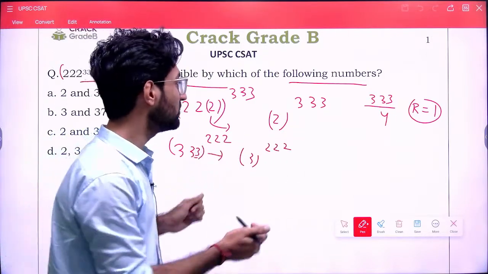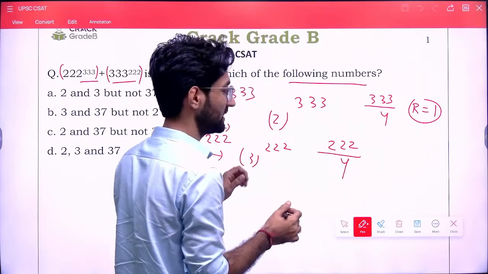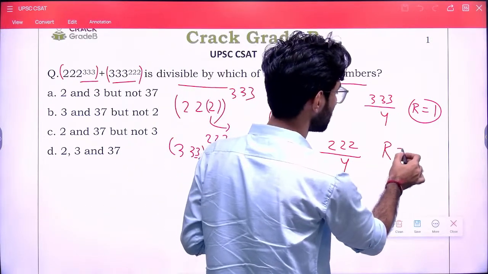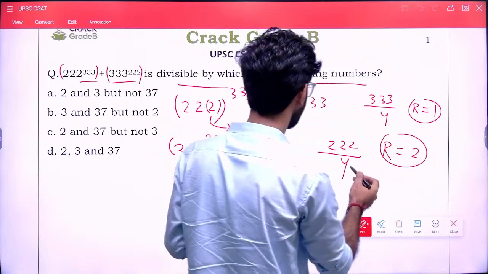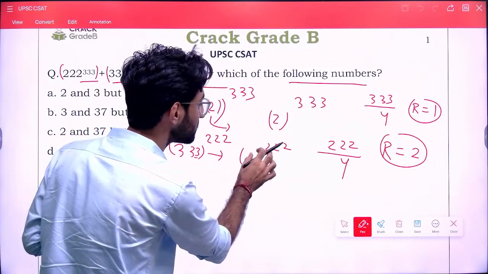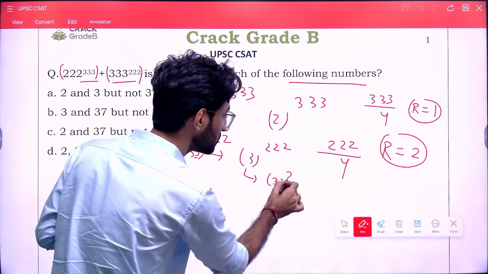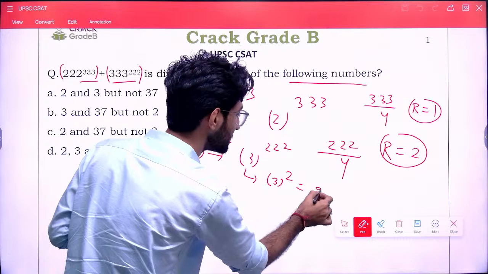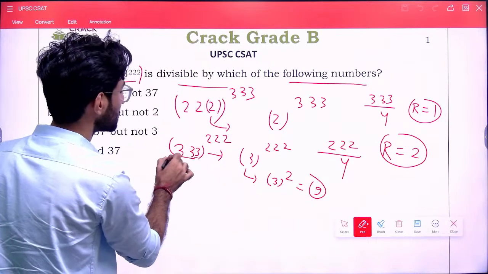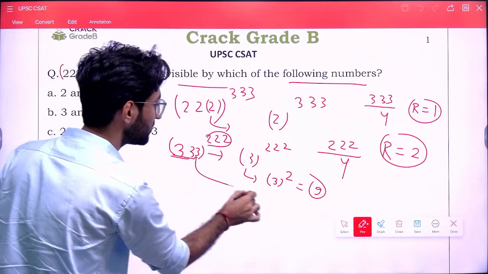So we have to divide 222 by 4, and the remainder is 2 in this case. So the unit digit of 3 to the power 222 is 3 to the power 2, that is 9. So the unit digit of 333 to the power 222 is 9.